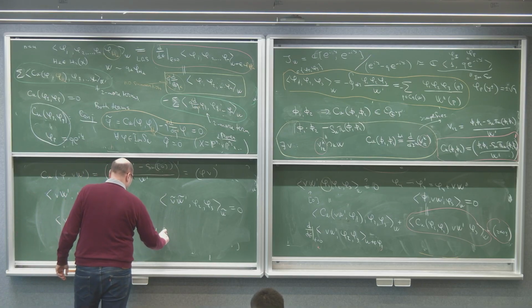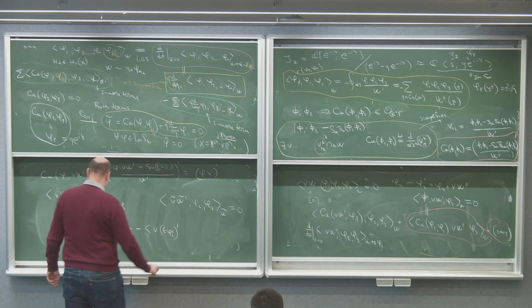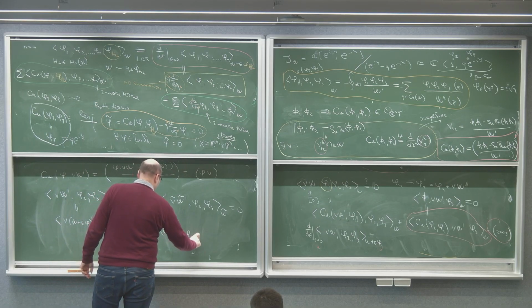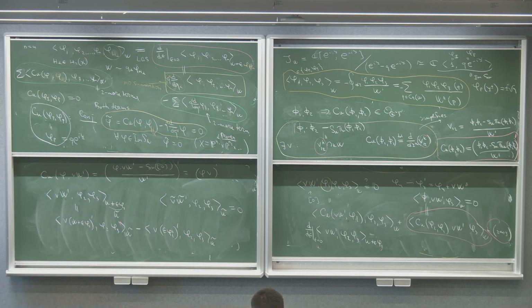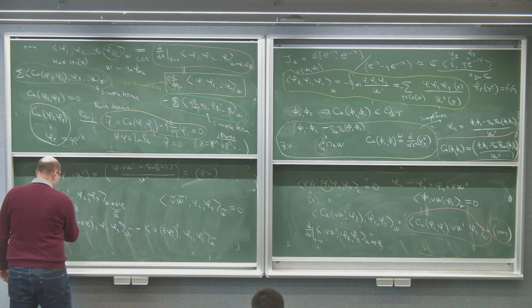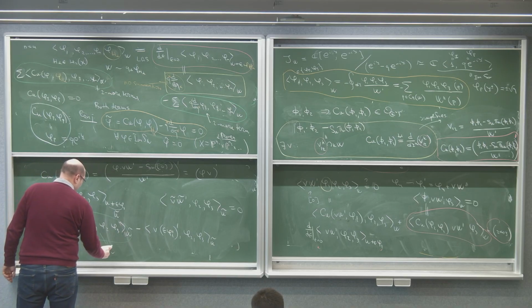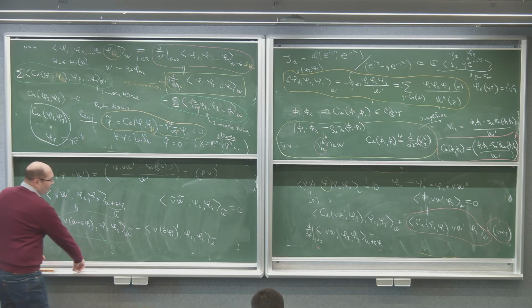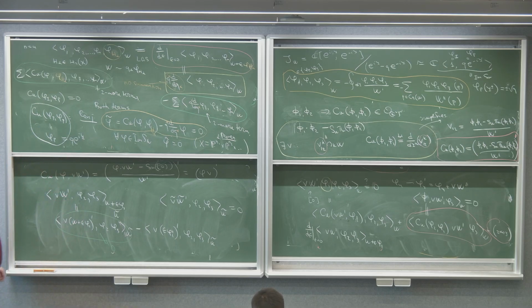So it will be v, epsilon phi 1 prime, phi 2, phi 3, evaluated at w tilde. Okay, so now this term is 0. That was our idea of adding and subtracting.